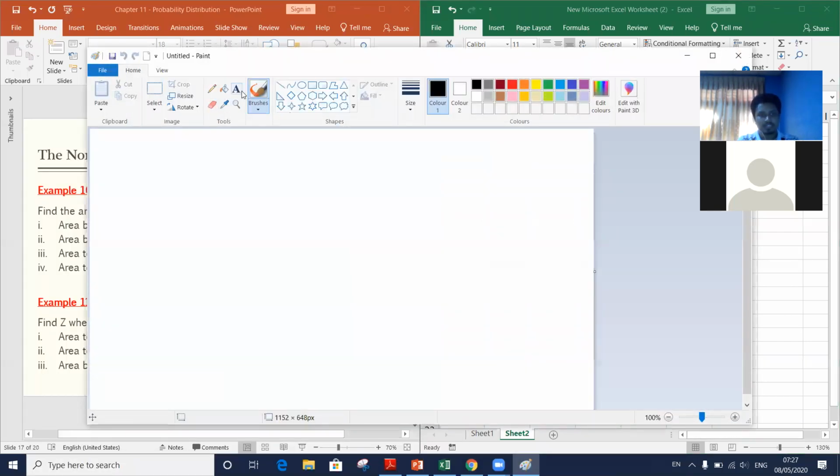If it is a standard normal curve, it should look like this.